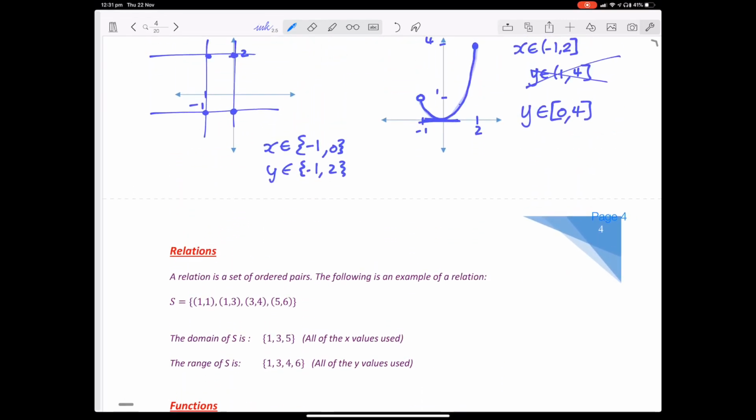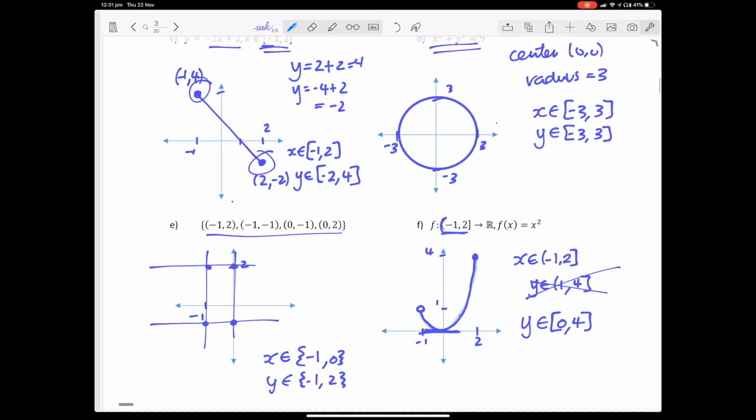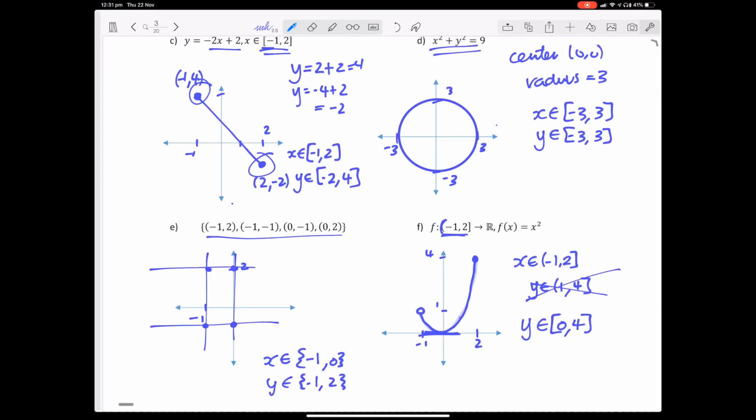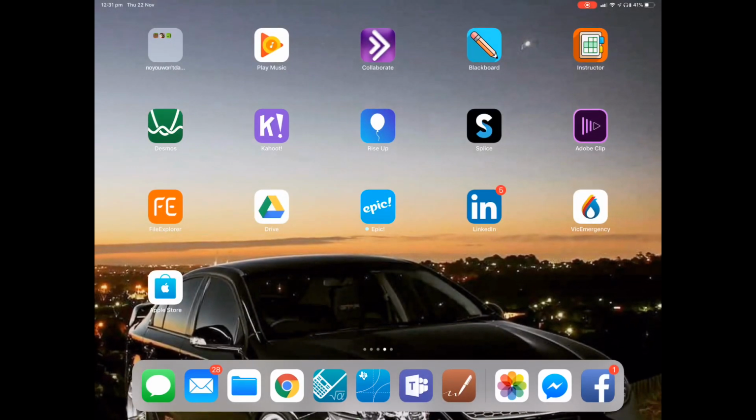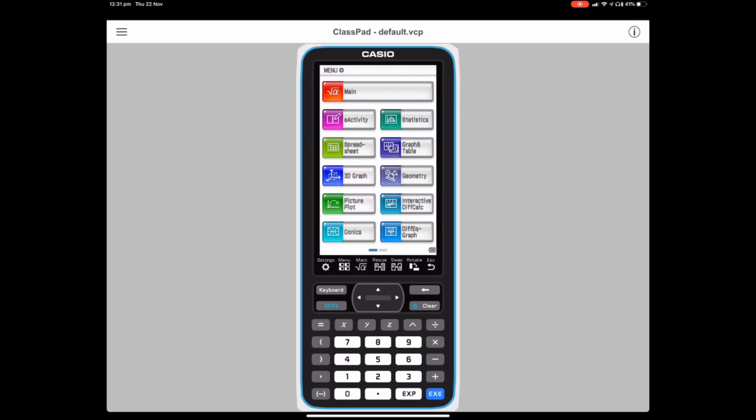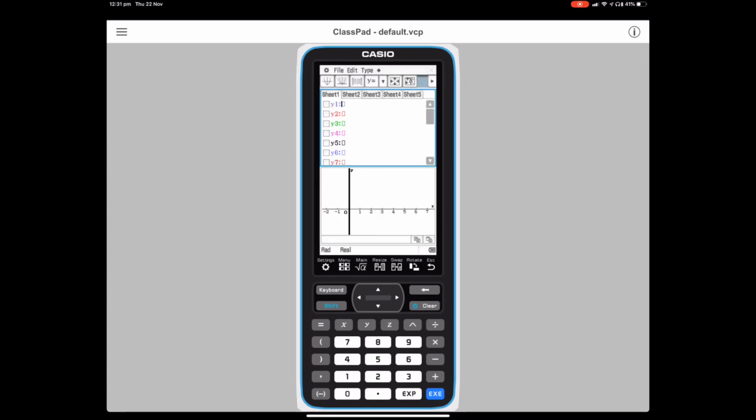Okay, so that's it for domain and ranges. Soon we'll look at relations. I'll just show you on your calculators how you can sketch this and have a look for yourself. So -1 to 2 and x squared. So on the Casio, I go x squared, keyboard math 3, given, what was it? -1 is less than x, which is less than or equal to 2.